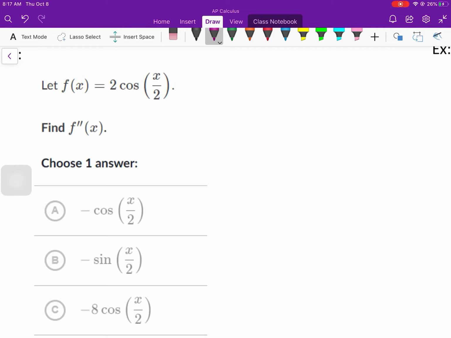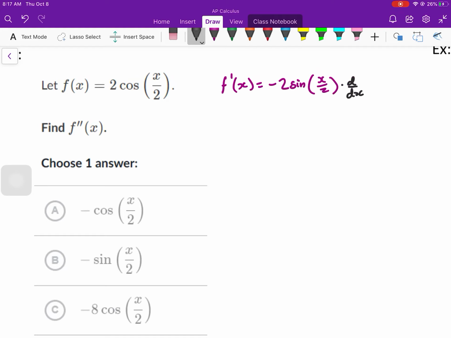All right, so to start this, we're going to start with the first derivative. So f prime of x is going to equal negative 2, because we got to take the derivative of cosine. Times the derivative of cosine is negative sine, so this should be negative 2 sine.